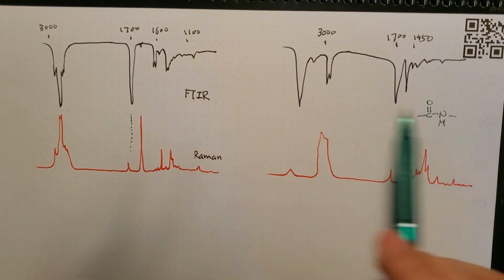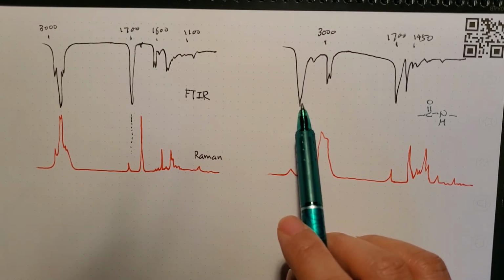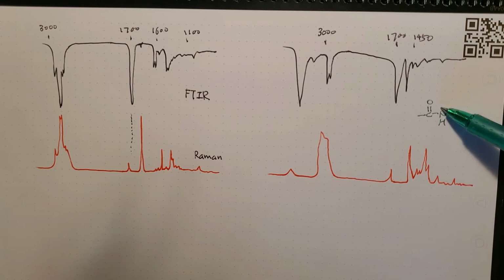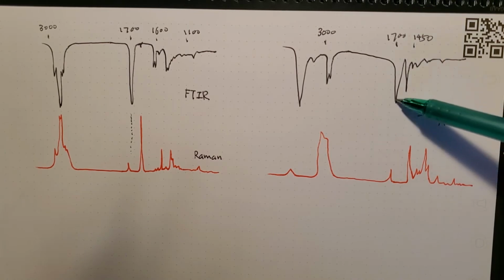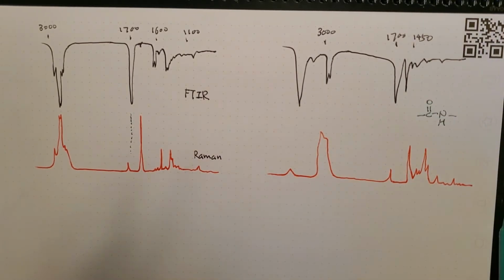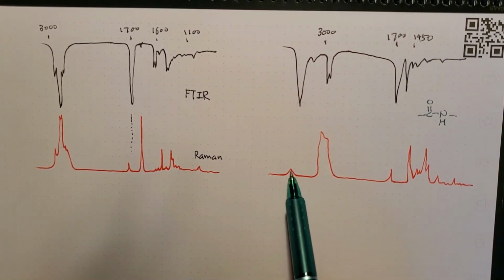And as you can see, you have an NH signal on IR, very intense. And you have a carbonyl that's conjugated with a nitrogen, so somewhat less than 1700, and that's strong. However, on the Raman, the NH, the strong peak, became pretty small.